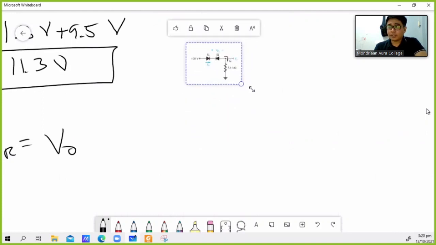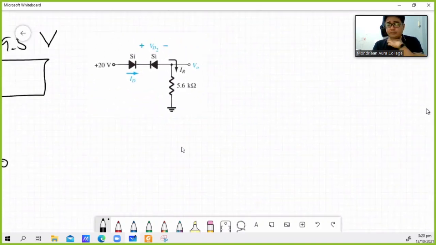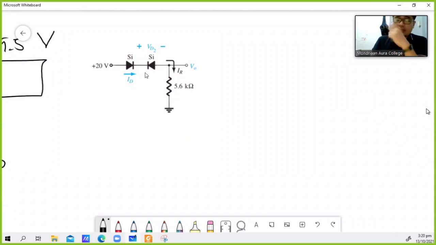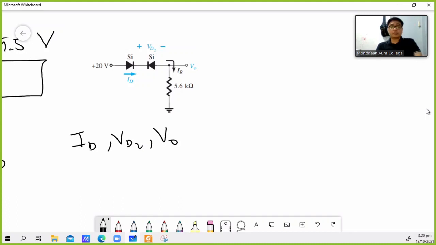Similar ito dun sa previous example pero magkabaliktad yung kanilang orientation. So instead of pointing to the right pareho or pointing to the left, ito naman magkasalungat. So ano kaya magiging condition niya? Ang pinapasolve sa atin dito ay I sub D, V sub D2, saka V out or the output voltage ng ating circuit.